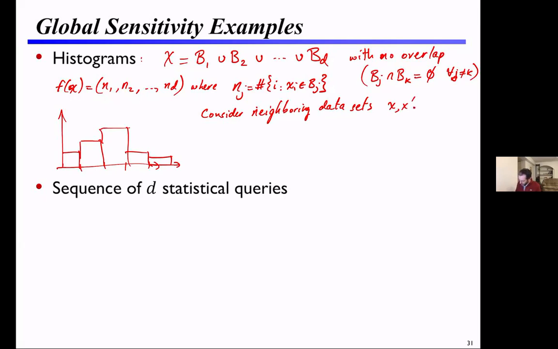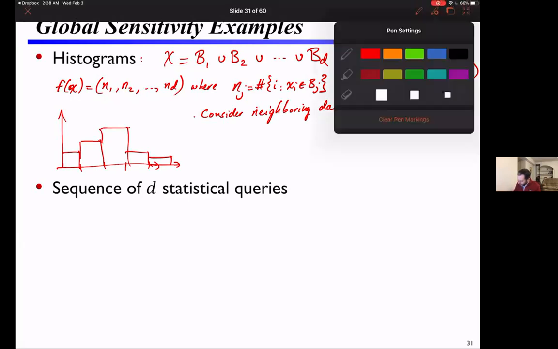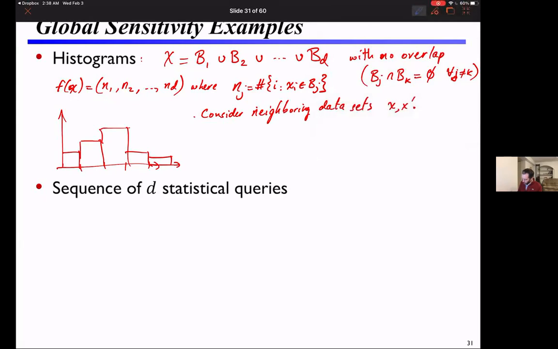If one record has changed in this data set, we're taking one contribution to the count of one bin, and either moving it to the same bin, or moving it to a different bin.